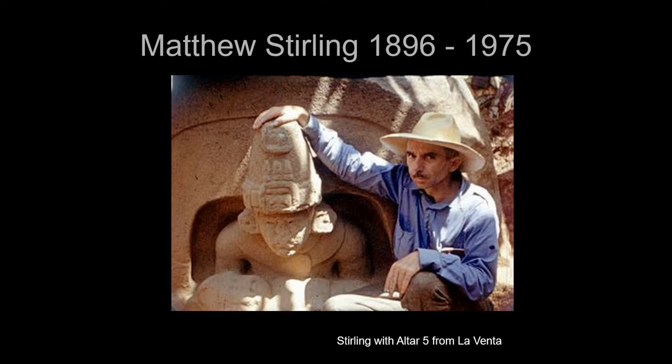But no one had any real idea how old they were, or that this was a unique, specific culture until Matthew Stirling came along. And so Matthew Stirling is probably more responsible than any other archaeologist in history for the uncovering of this civilization. He is the one that uncovered the vast majority of the heads and the sites, and most of this has been since the 1930s.